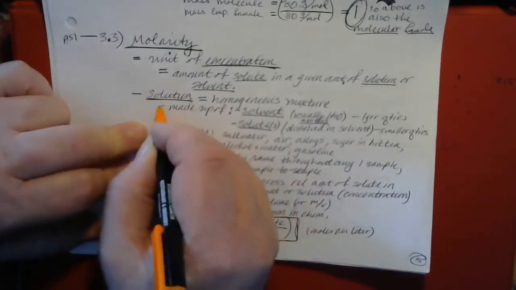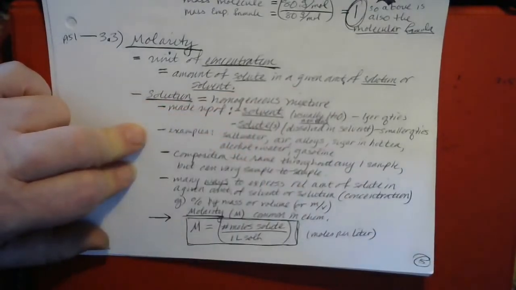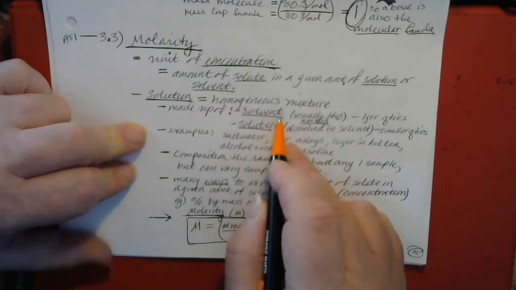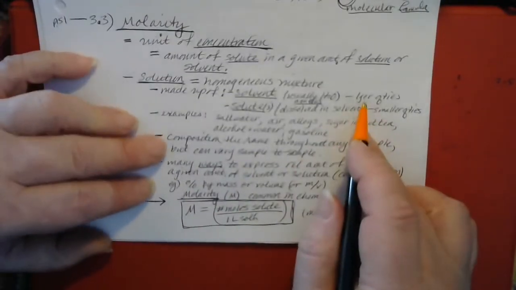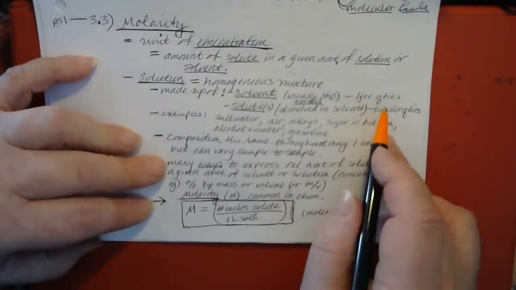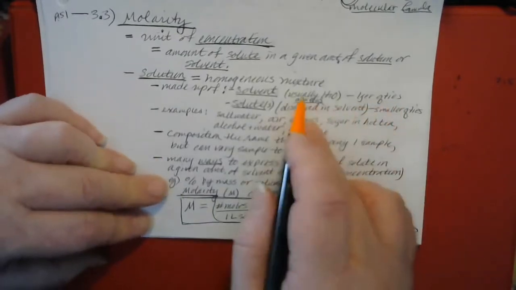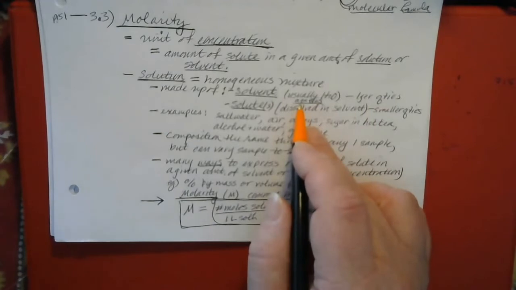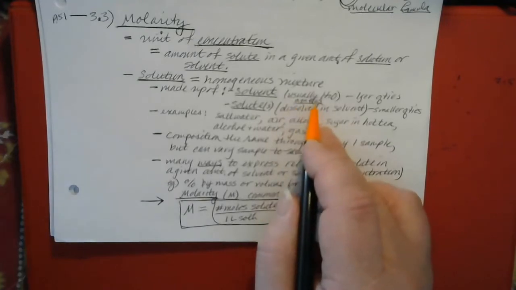A homogeneous mixture is made up of at least 2 components. One is known as the solvent, and that is usually whichever substance is present in larger quantities. And it just so happens in general chemistry that most often the solvent will be water. But there are all kinds of examples where the solvent might be something else.